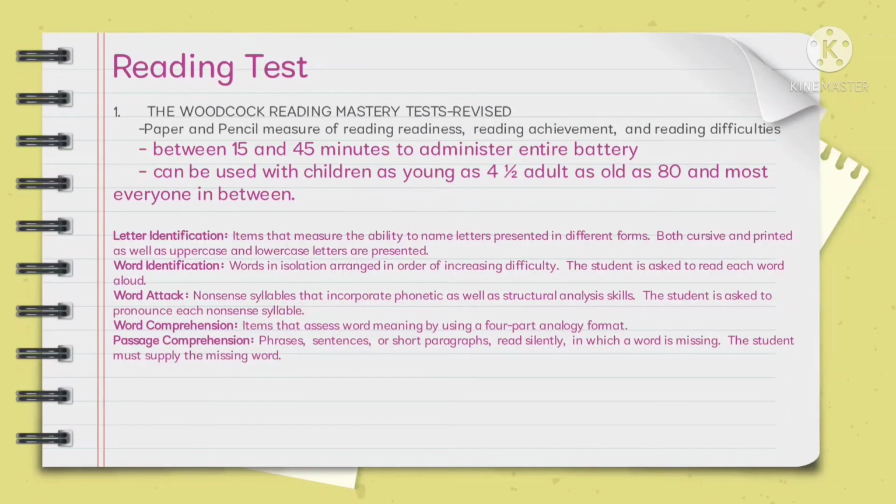Users of prior editions of this popular test will recognize many of the subtests on the Woodcock Reading Mastery Test 3, with revised artwork to be more engaging, including letter identification, word identification, word attack, word comprehension, and passage comprehension.